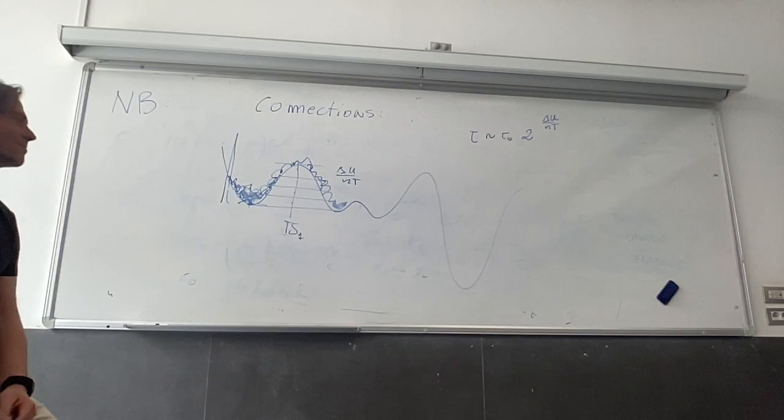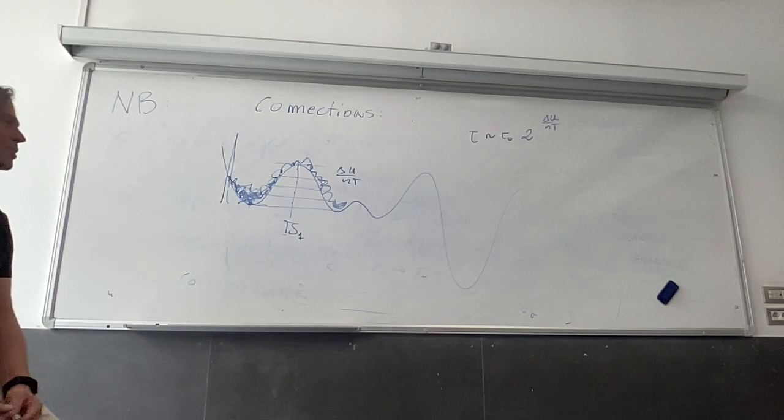Why? Because the probability goes down like 1 over 2 to the delta U over kT, and in order to get an event of this probability, I need 1 over the probability number of attempts. And each attempt lasts tau naught, so the total time would be like that.